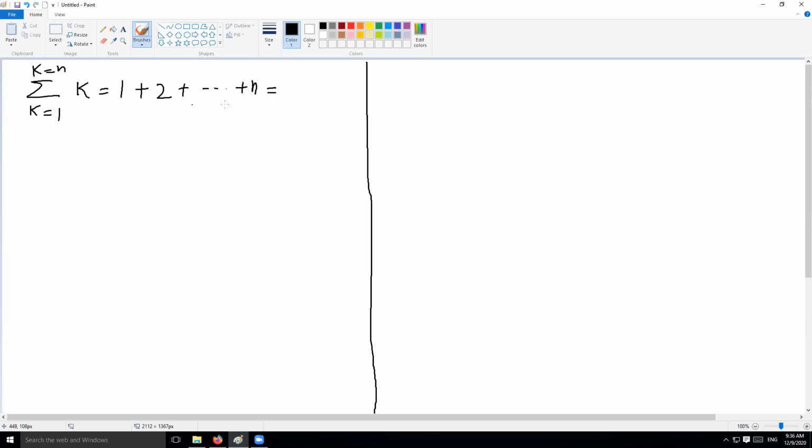And do I know anything about this sum? What is this sum? Yes, sir, we have seen previously that this is equal to n times n plus 1 divided by 2. Exactly. So in other words, if you have a sum that starts from k equal to 1 to k equal to n, and the object is k, then this is going to be equal to n times n plus 1 over 2.